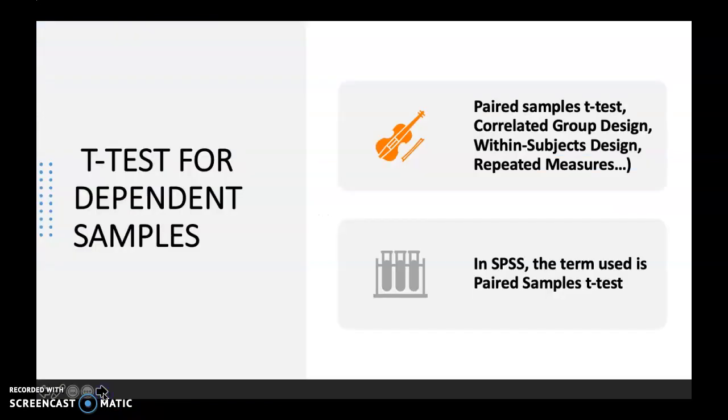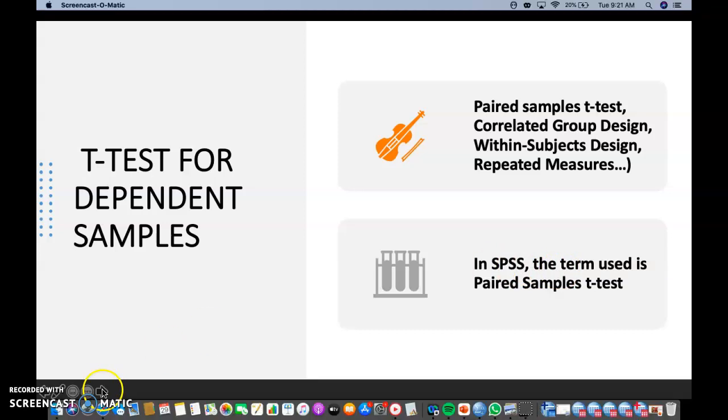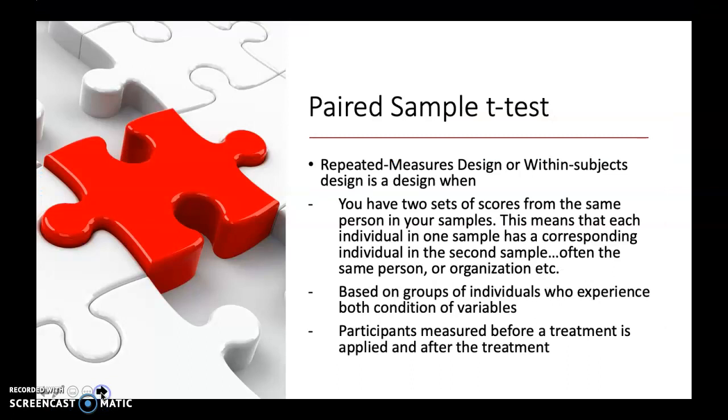The t-test for dependent samples is also known as the paired sample t-test, correlated group design, within subject design, repeated measures, and many other names. But in SPSS, the term used is paired samples t-test. It is a design where you have two sets of scores from the same person in your sample.